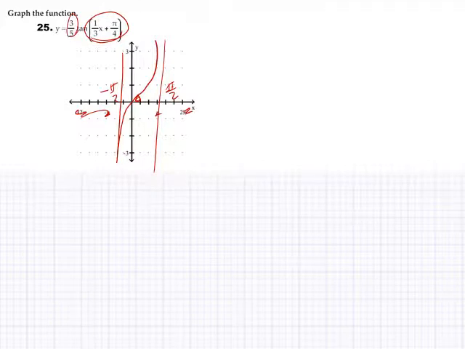Here the amplitude is 3/5, and if we stretch out this thing or compress it with that 3/5, in this case we would compress it, it's really not going to make a huge difference. It's not changing our range. So we're going to largely ignore the 3/5 as our amplitude change. It's not really going to make a huge difference in our graphing, but the 1/3 x plus pi fourths is again a period change and a phase shift. So our original vertical asymptote was at minus pi halves and positive pi halves.